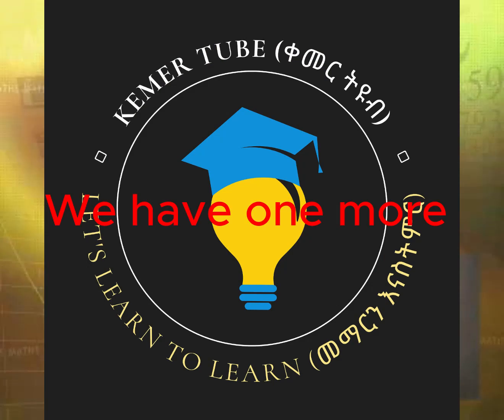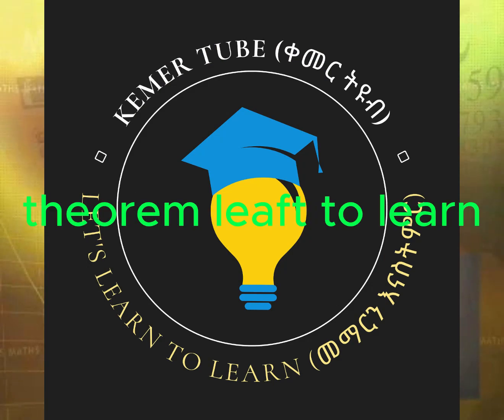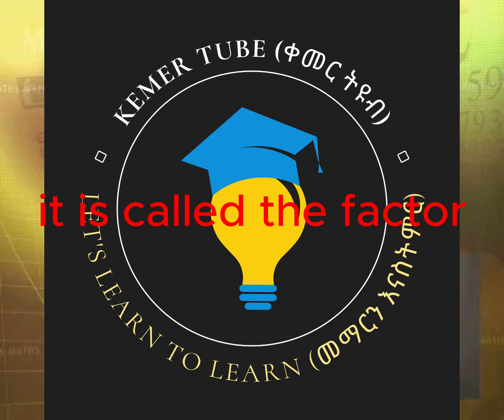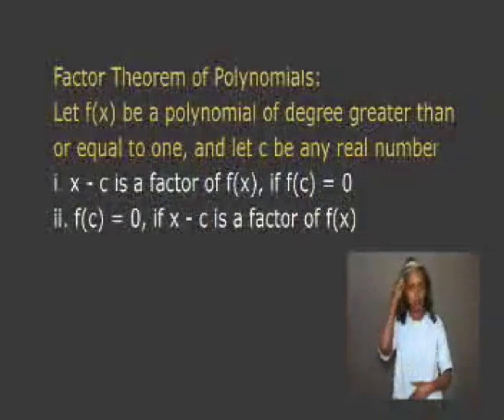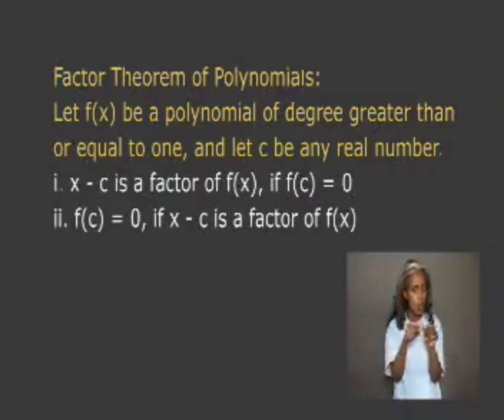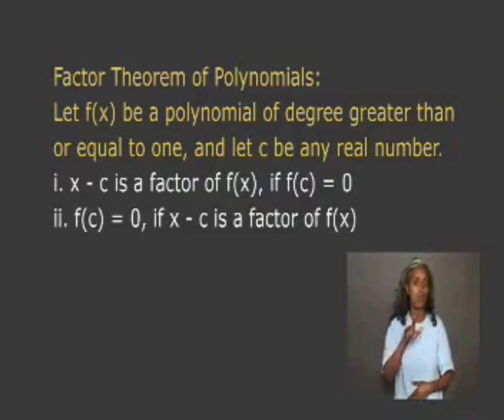We have one more theorem left to learn. It is called the factor theorem. You will recall that factorizing a polynomial means writing it as the product of 2 or more other polynomials. Let f of x be a polynomial of degree greater than or equal to 1, and let c be any real number.